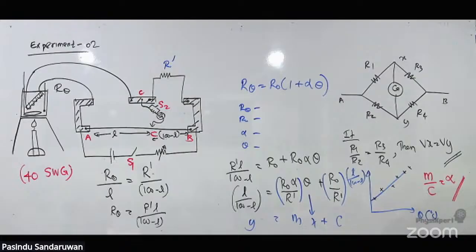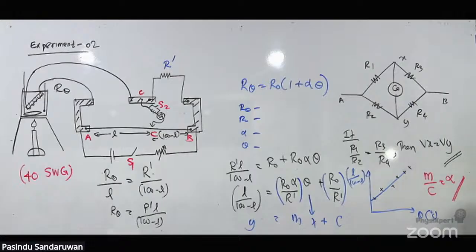Why are we dividing by r dash? The independent variable is L over 100 minus L. Why are accumulators used?